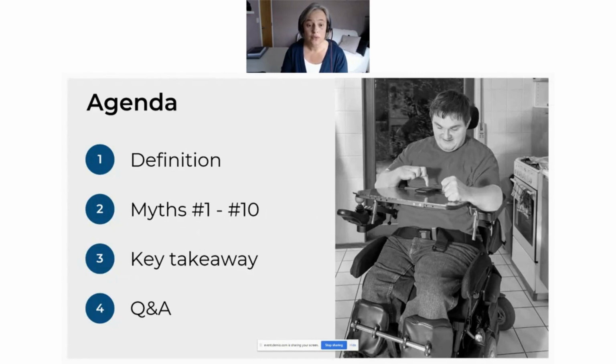I'll also be giving you a few useful takeaways as we go through, so hopefully you'll find that helpful if you need to advocate for inclusive learning content in your work. Then we'll have a final key takeaway, and to finish, we'll have some time for a Q&A session. Probably we'll answer most of the Q&A in the session at the end.